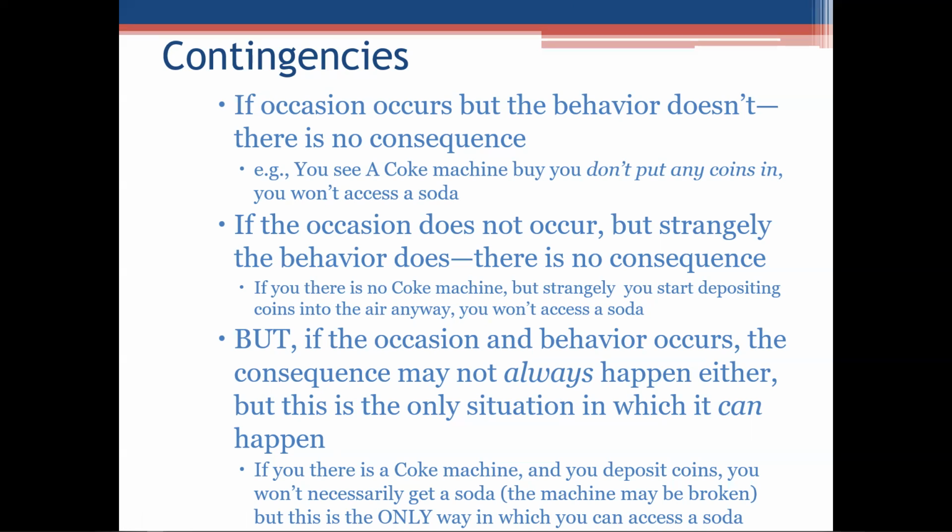But if I push down on the door handle, there's a really high probability that it will open. So it's this if-then: if I engage in this behavior, then there is a higher probability for this particular consequence, higher than if I don't engage in the behavior.